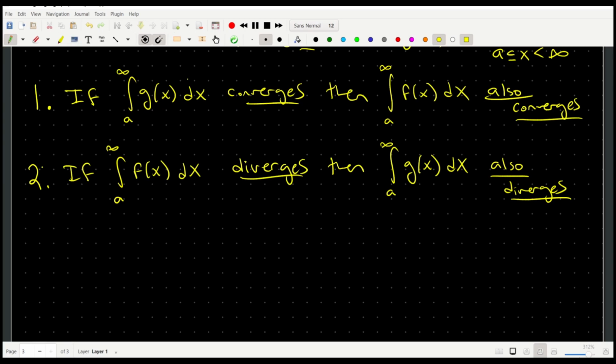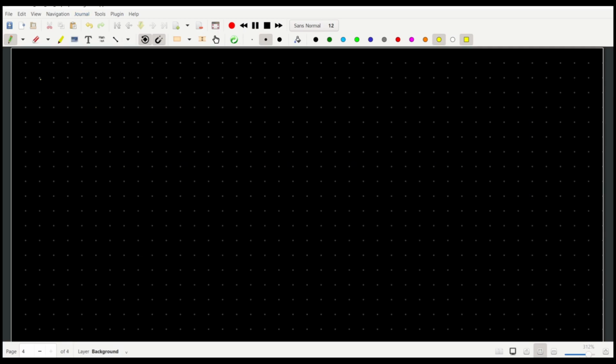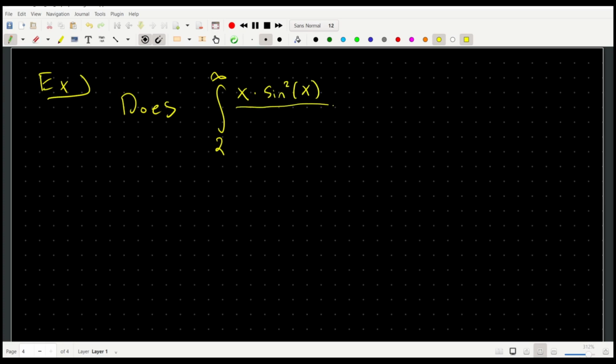So let's see a direct example of this. You could be asking, does the improper integral from 2 to infinity of the function x times sine squared of x over 7x to the fourth minus 5 converge or diverge?